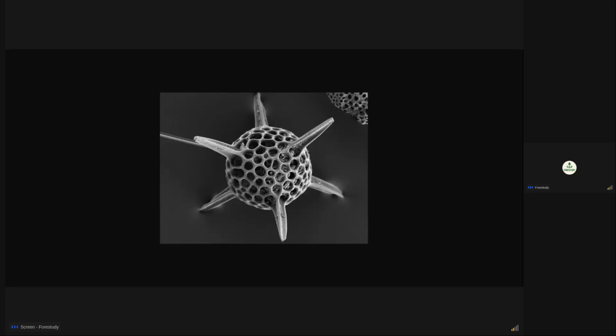Okay, yeah. So this is a radiolaria. You can see, this is how it will look.